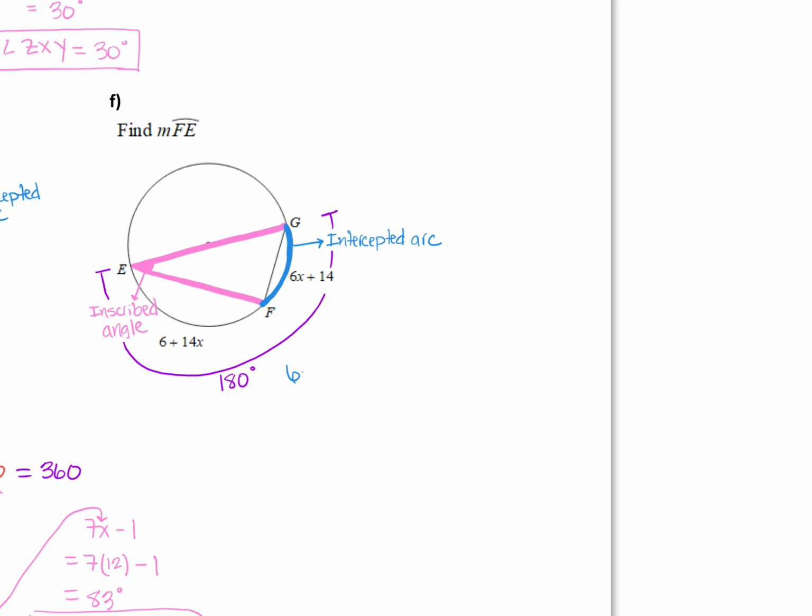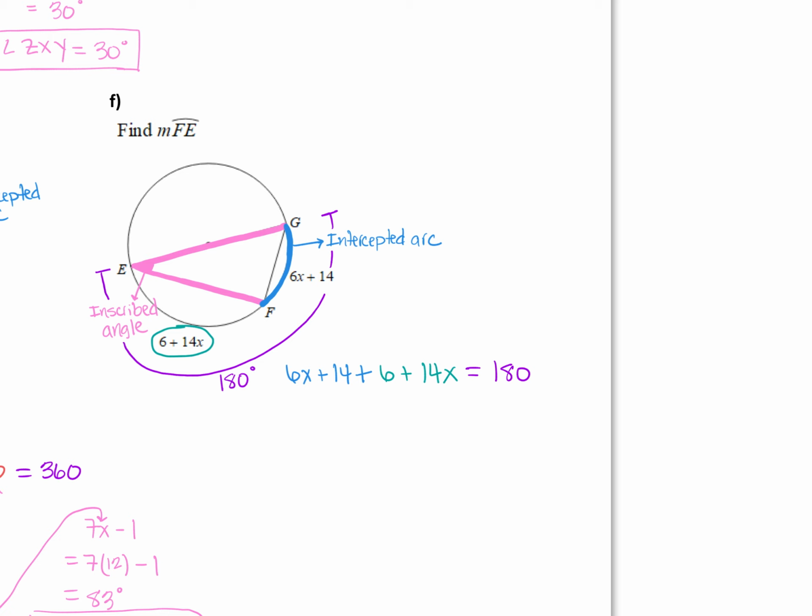And so the 6x plus 14 plus the 6 plus 14x, they go halfway around the circle, and so they equal 180 degrees.